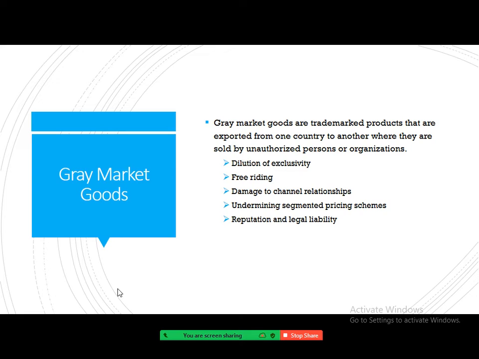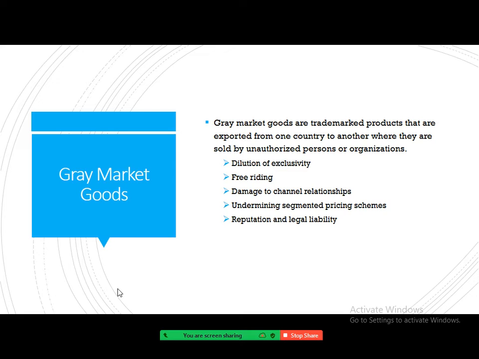If a manufacturer ignores the complaints from authorized channel members, those members may engage in free riding. That is, they may opt to take various actions to offset the downward pressure on margins. These options include cutting back on pre-sale service, customer education, or salesperson training.